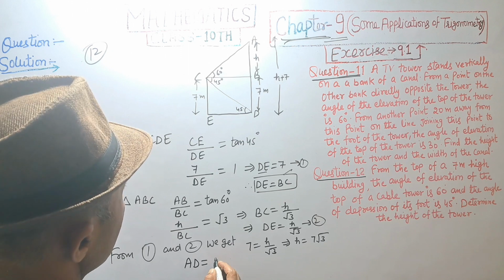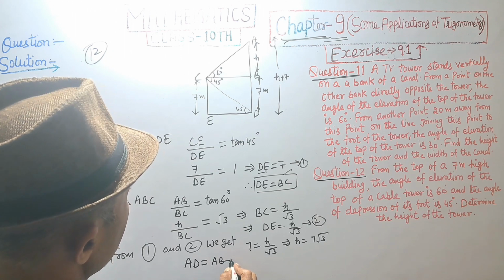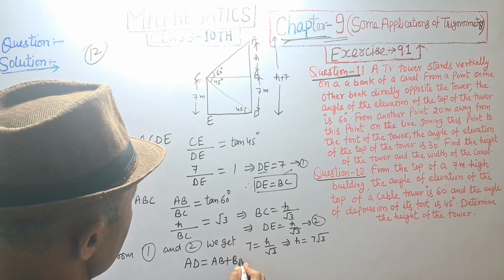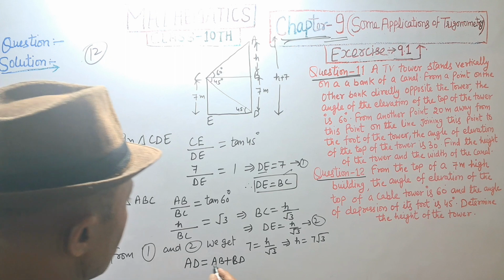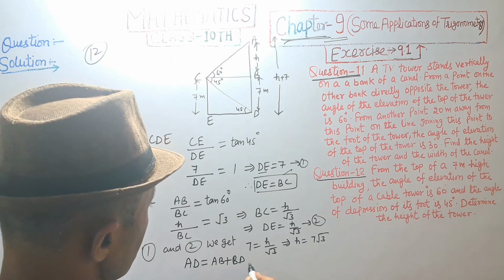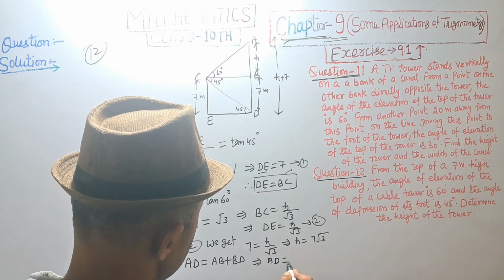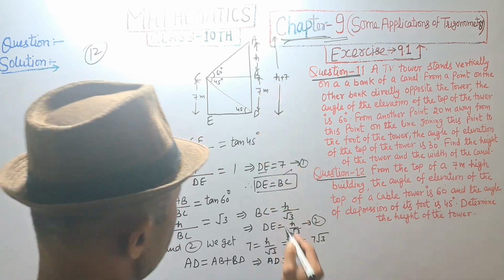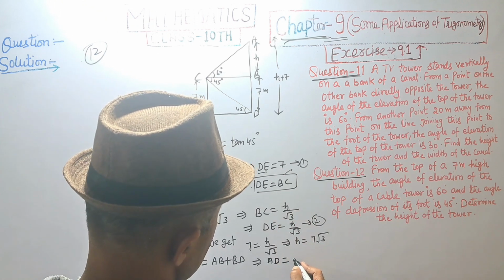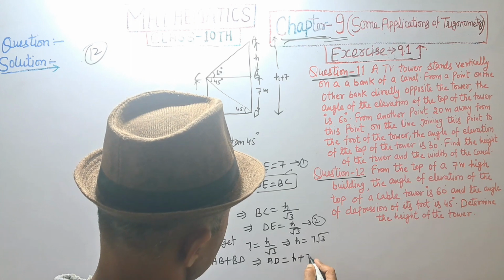AD is equal to AB plus BD. This implies AD is equal to H plus 7.